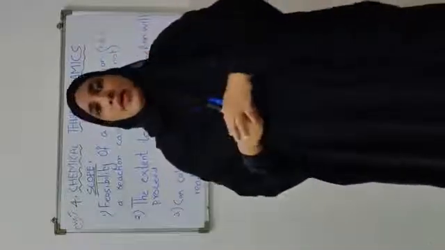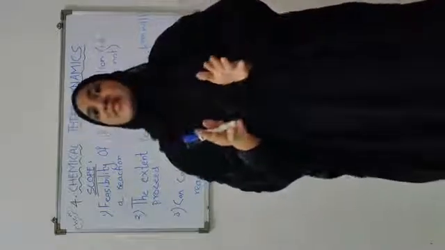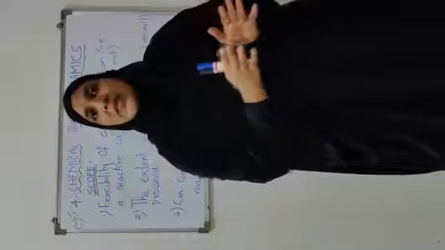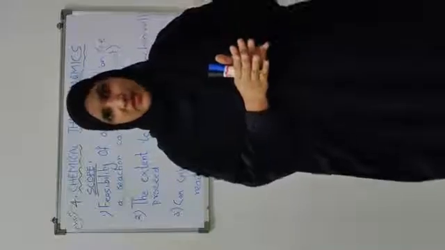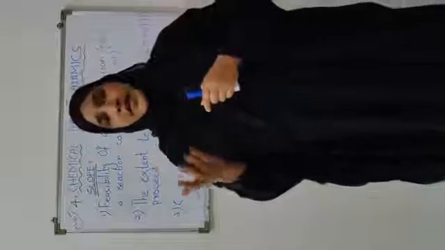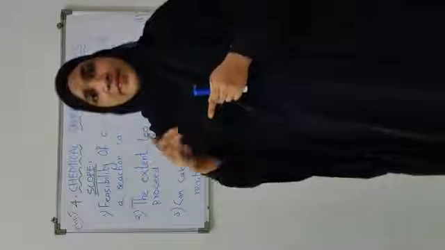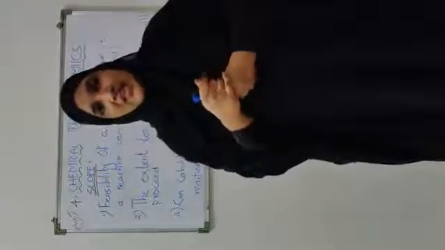He may theoretically find out whether this reaction is possible under a set of conditions or not. Okay? So, whether the reaction can take place or not, that can be found out by studying the thermodynamics of that particular chemical reaction.